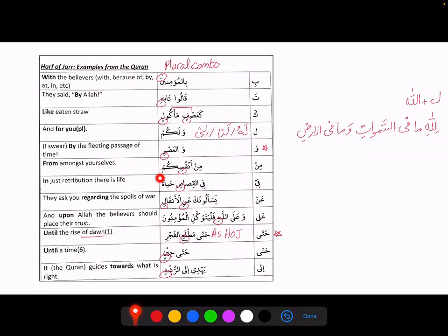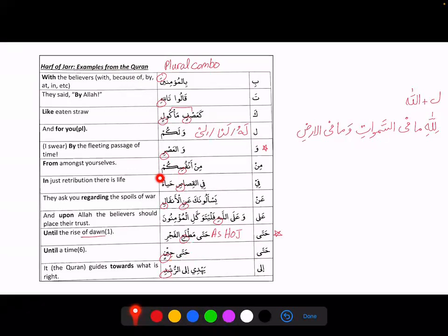Then we have hatta matla'il fajr. Hatta is a harf of jar and matla'i is the ism majrur. Very good. And the meaning is until the rise of the dawn. Then hatta hinin. Hatta is a harf of jar. Hinin is the ism majrur. Very good.